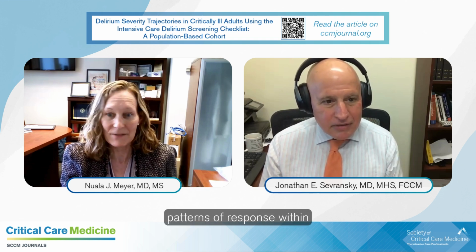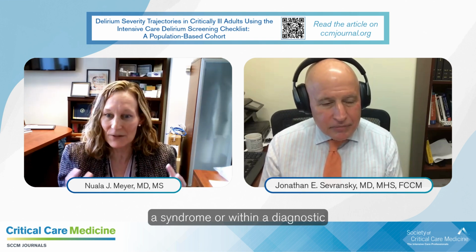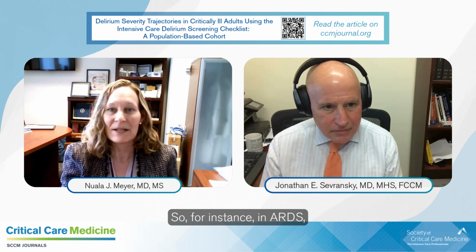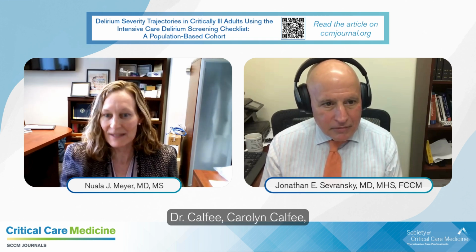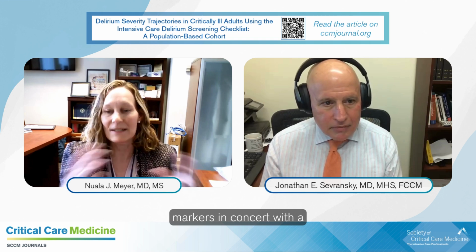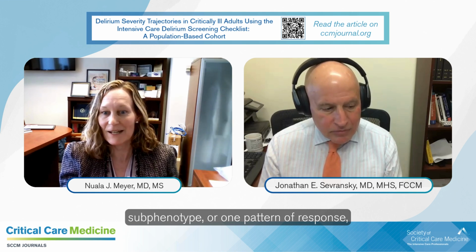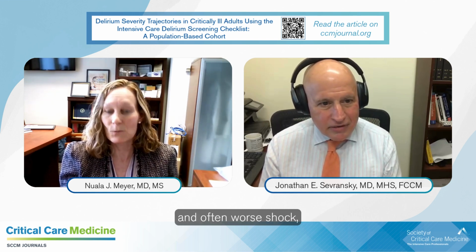When I think about subphenotypes, I'm thinking about specific patterns of response within a syndrome or within a diagnostic group. So, for instance, in ARDS, Carolyn Calfee has really very well validated that if we use plasma protein markers in concert with a lot of our clinical data, we can observe one subphenotype or one pattern of response that's really characterized by a lot of systemic inflammation and often worse shock, lower bicarbonate.